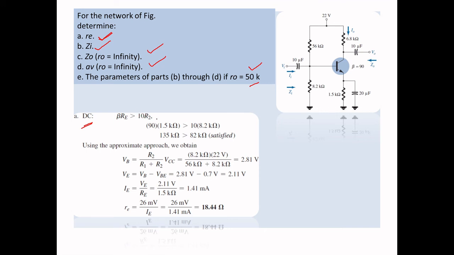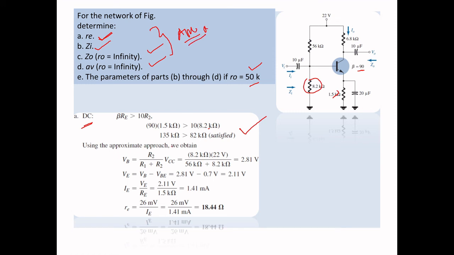Beta is given as 90 and RE is 1.5 kilo ohm. Then 10 R2 is 8.2 kilo ohm times 10. So 135 kilo ohm is greater than 82 kilo ohm.